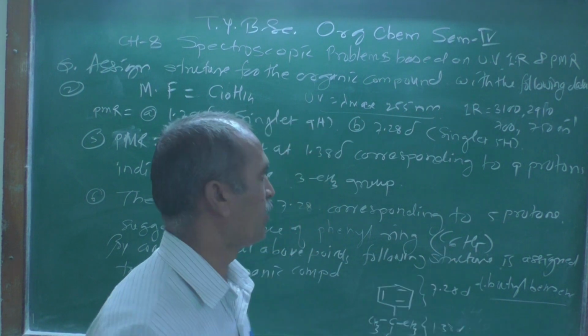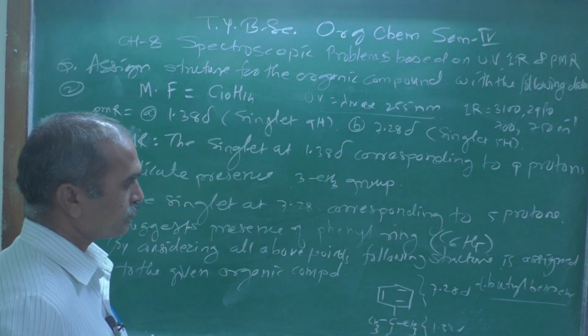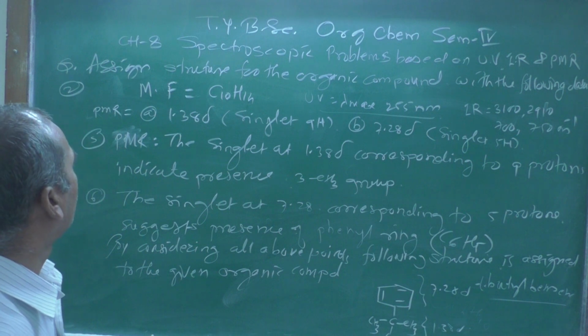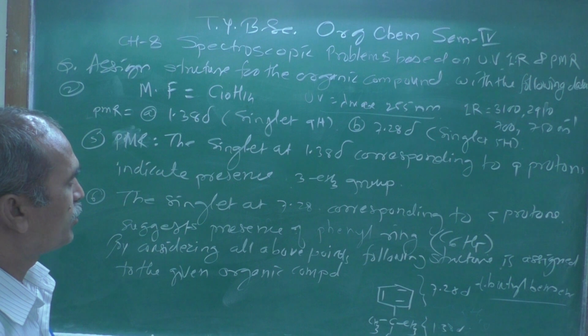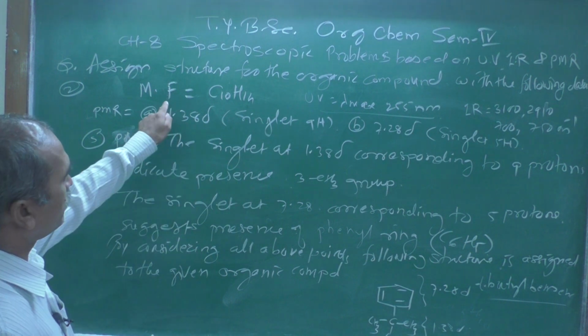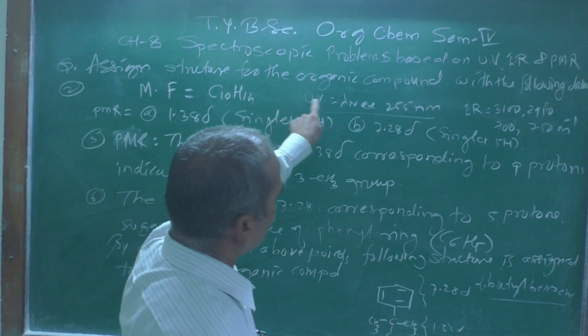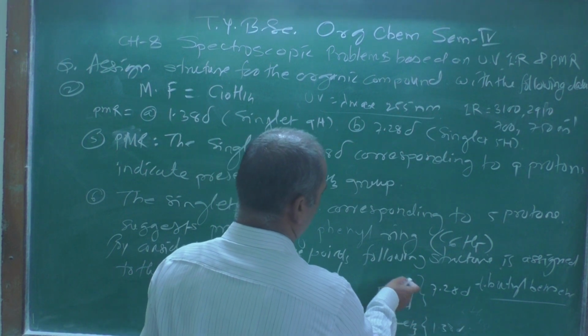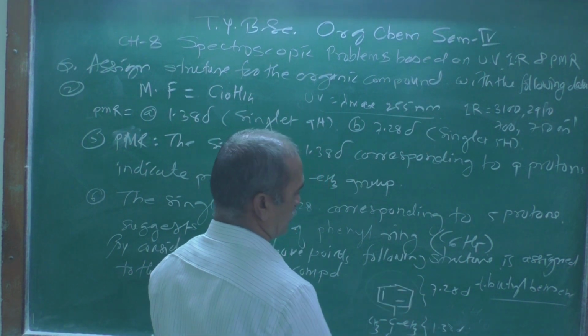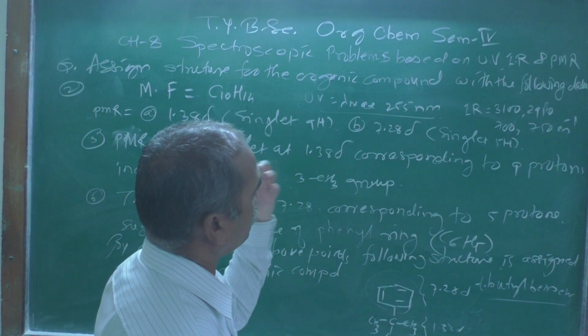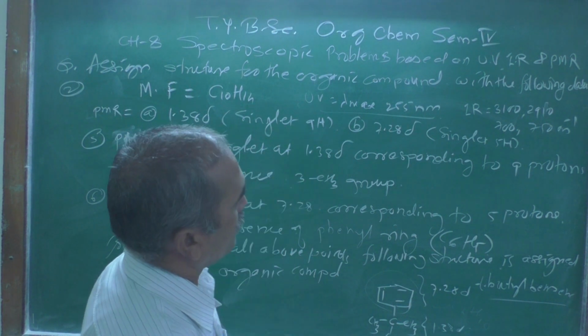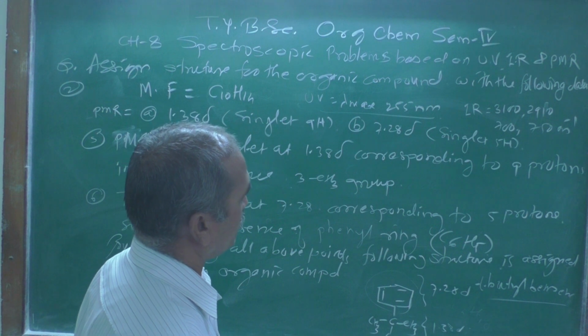So in this systematic way, you can solve the problem. Look here, UV 255 is due to the conjugation, carbon-carbon double bonds and aromatic rings present. The peak appears near about 255 nanometer.